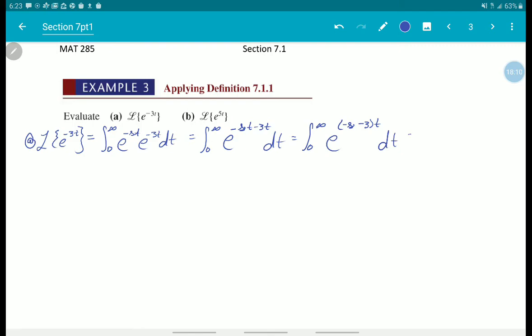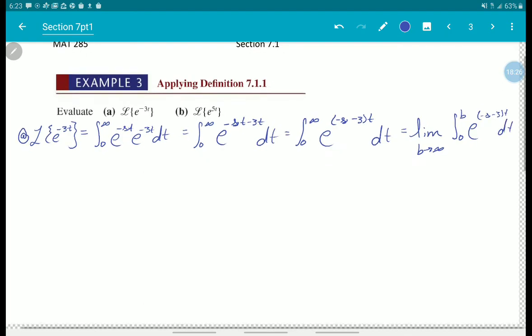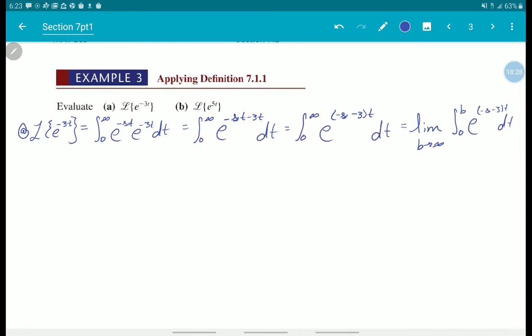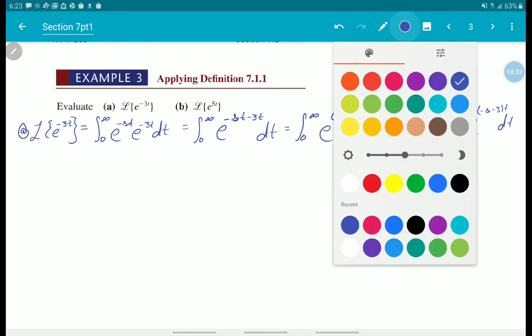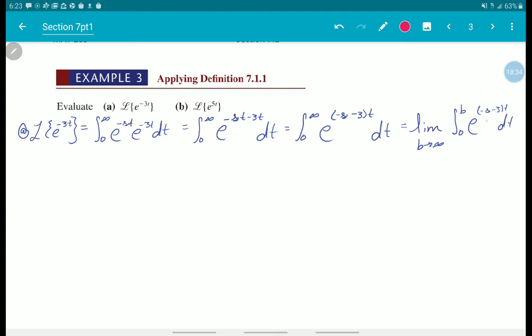So thinking back to Calc 2, we're going to take the limit as b goes to infinity. We're integrating from 0 to b, e to the negative s minus 3 t dt. So remember your u substitutions. We would need a 1 over negative s minus 3 here.